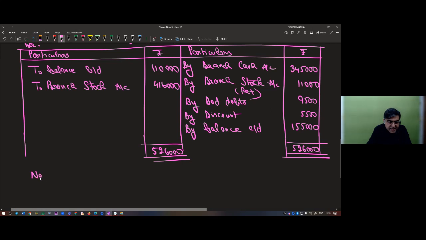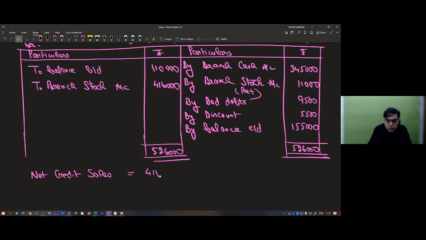Net credit sales is equal to 4,16,000 minus 11,000, so 4,05,000 is net credit sales.